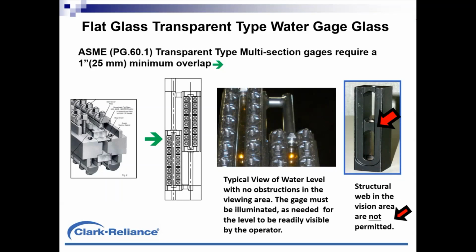And that is prohibited by Section 1 in ASME. So that was brought up in the code about 2008. It's been in the code since 2009 that that specific type of design is prohibited from being used on a Section 1 boiler application.